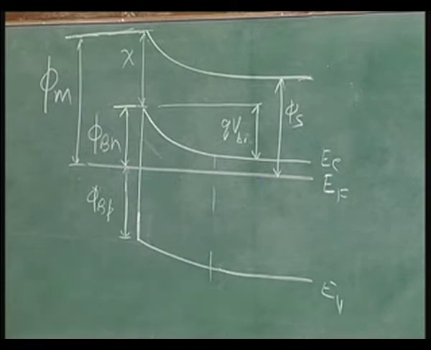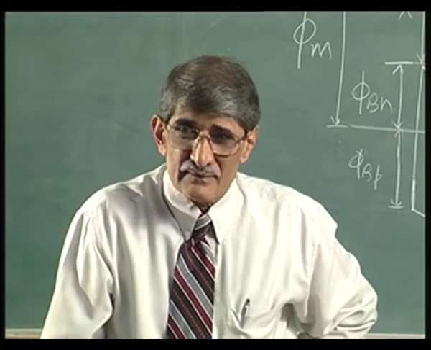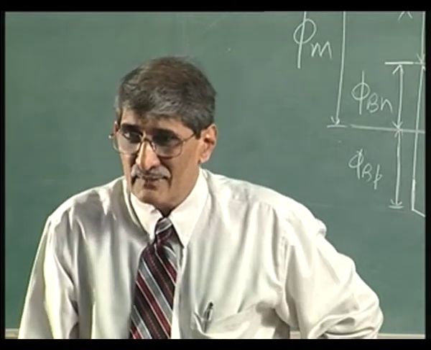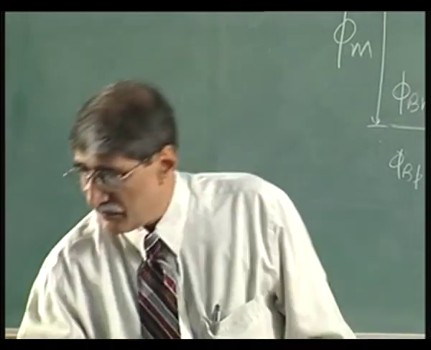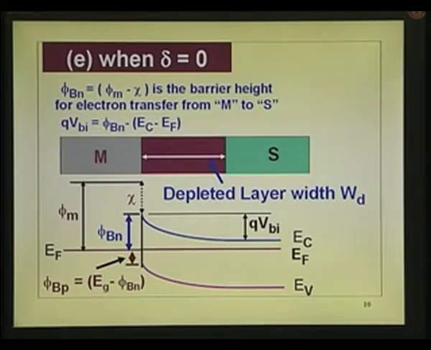The moment you fix the metal, phi_m is fixed; the moment you choose the semiconductor, chi is fixed, so phi_bn is fixed, and phi_bp is given by E_g minus phi_bn. These are known fixed quantities, independent of doping.